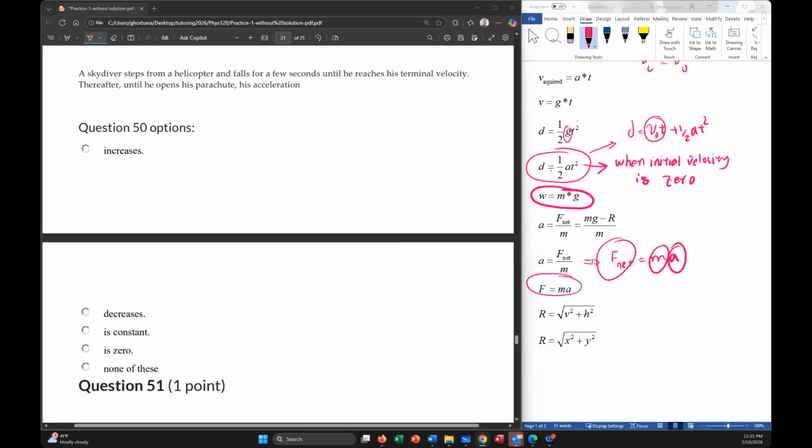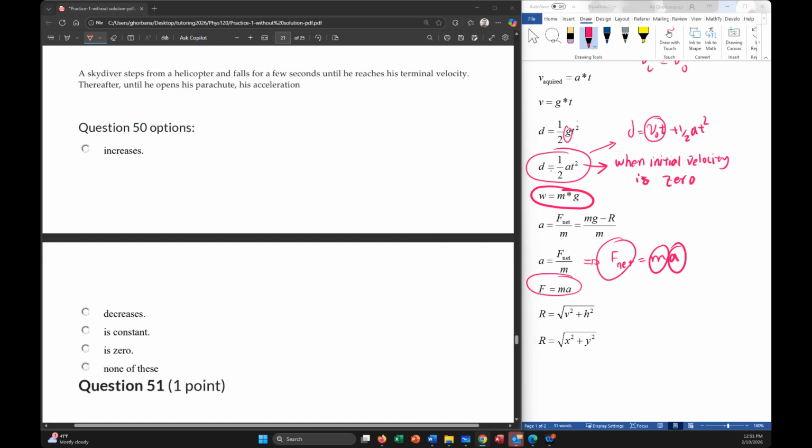The acceleration becomes zero because the net force is zero. You are moving with your terminal velocity, and then suddenly you open the parachute. What was the acceleration before opening your parachute? Zero, right? Because you reached terminal velocity. But when you open, the drag force becomes bigger than your weight.